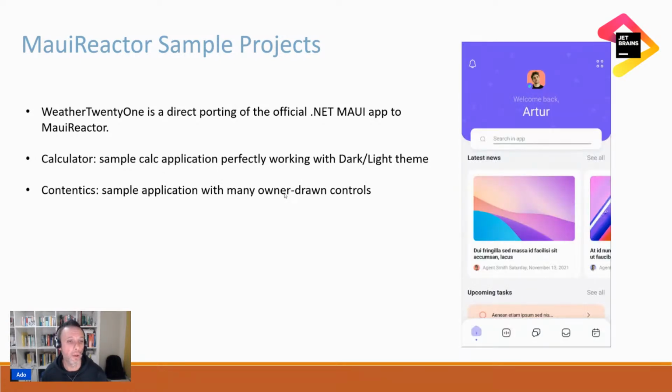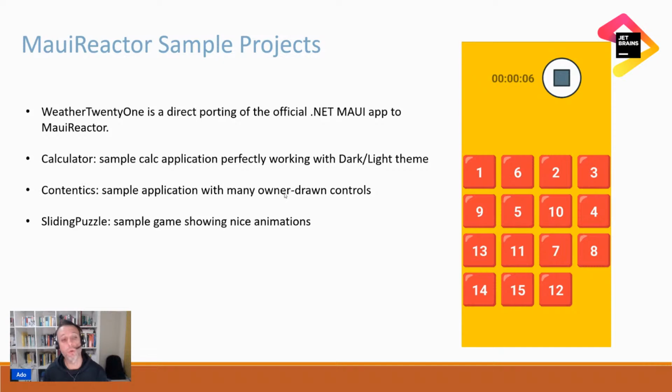Also, you have the content example application that shows you how you can create owner-drawn controls using the canvas view, following a Figma project. There is also a sliding puzzle, just a simple game showing nice animation, in particular RX animation.